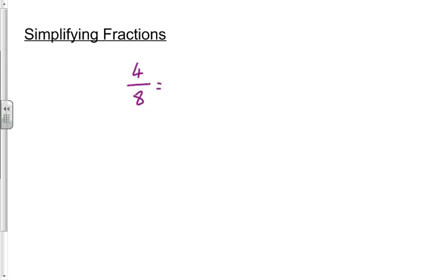And we know it can be simplified because we look for common factors. That's a factor that the top and the bottom share. Now we can think about this as what times table are they both in? Well, 4 and 8 are both in the 4 times table, so I can divide the top by 4, and I can divide the bottom by 4, and we know that 4/8 is the same as 1/2.